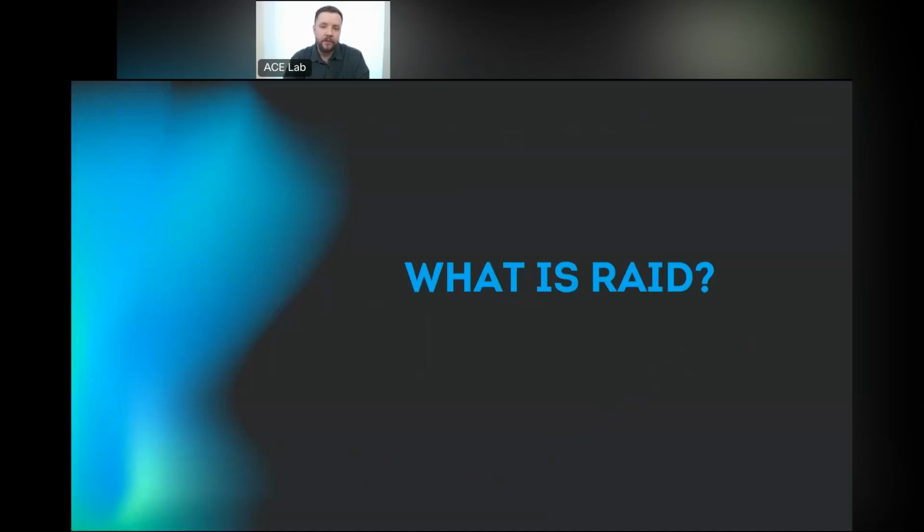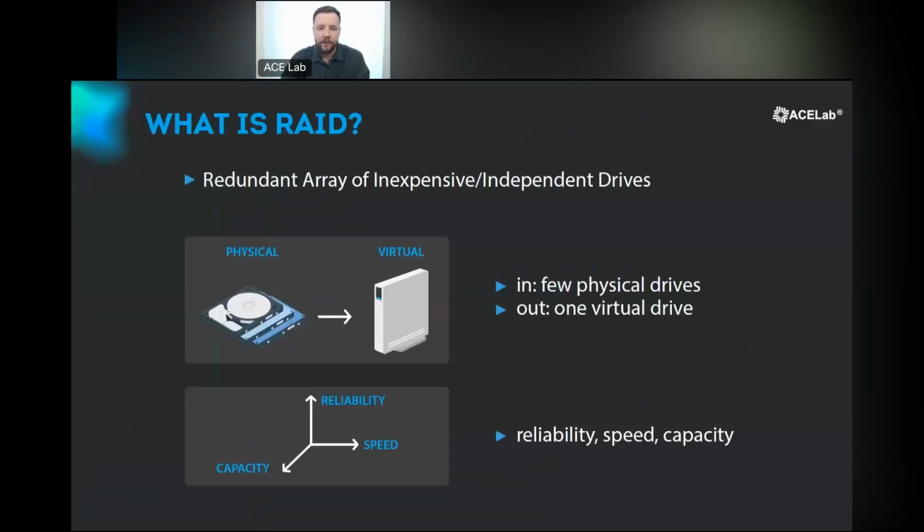Let's talk about what a RAID array is in general. If you're new to RAID data recovery, just a few words about RAID arrays. RAID is an abbreviation that means redundant array of inexpensive or independent drives. It's a storage virtualization technology.